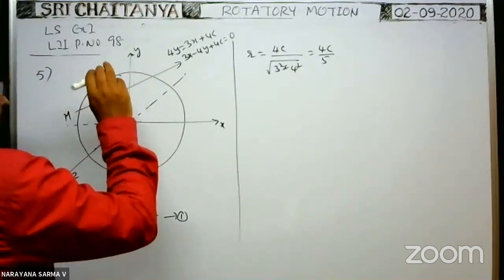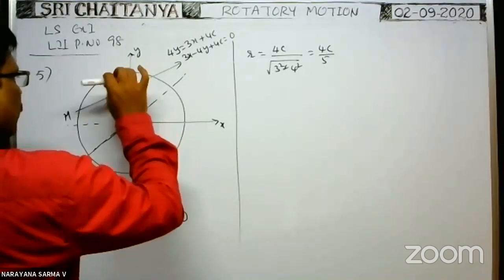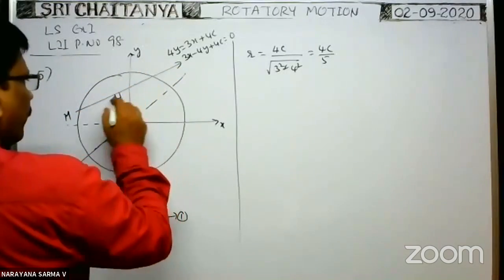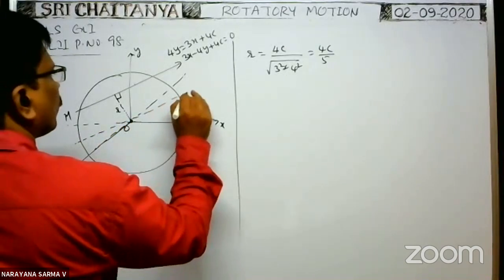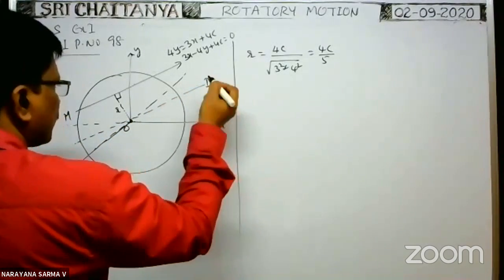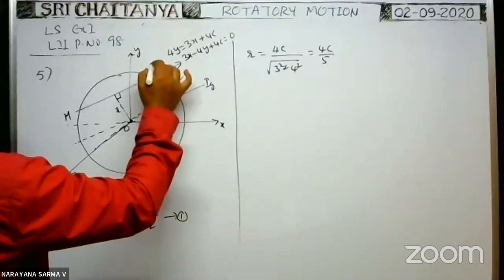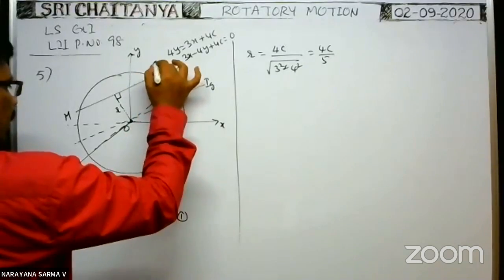About this axis we need the moment of inertia. Parallel to this line, passing through the center of mass, we know the moment of inertia, say Iz. Then about this axis the moment of inertia is, say, I dash.